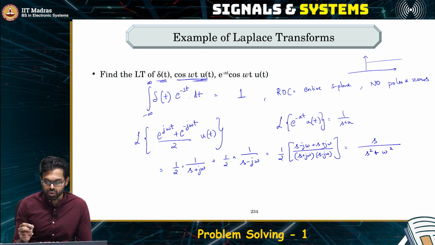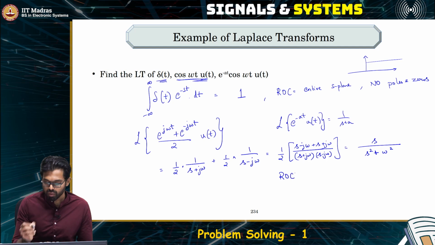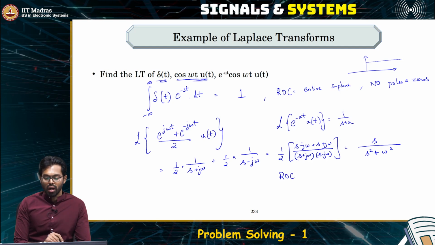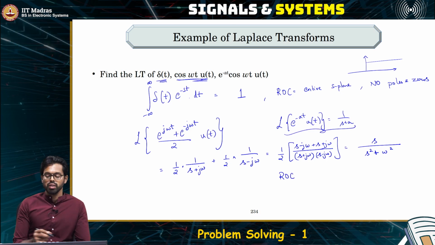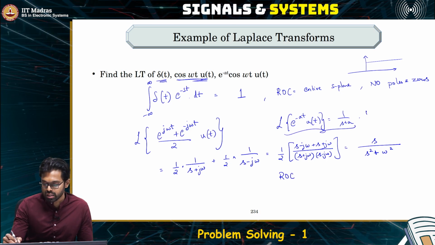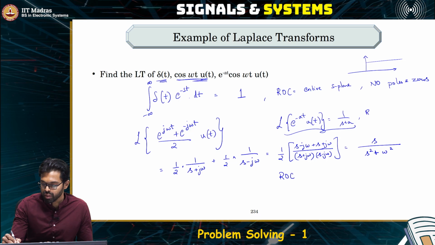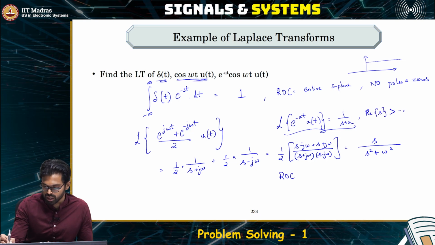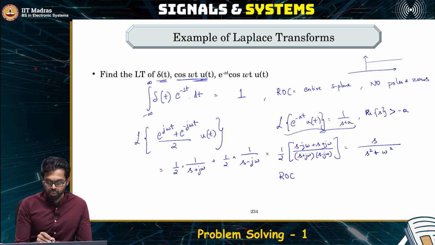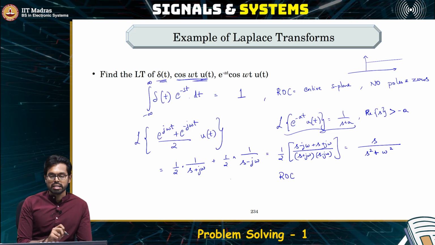Now what is its ROC? So the ROC here is, we have used this expression, and here we have said the ROC is actually the real part of s should be greater than minus a. So now we have added two terms, so we have to take the intersection of the ROC.